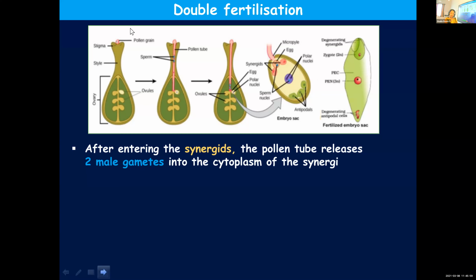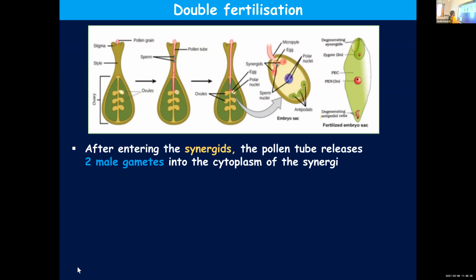You have already learned that the entry of the pollen tube is guided by the filiform apparatus present in the synergids. The pollen tube carries two male gametes. It will first enter the cytoplasm of the synergids, because the filiform apparatus present in the synergid is guiding its entry.